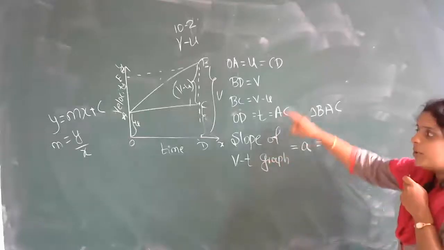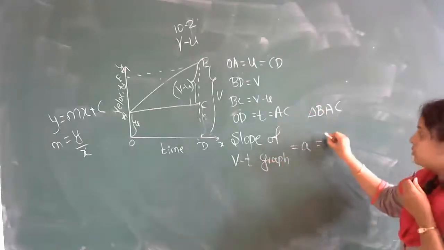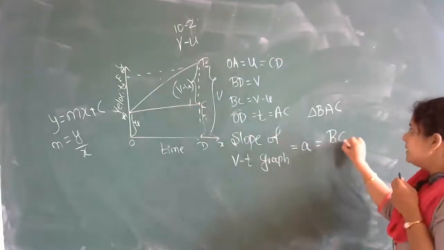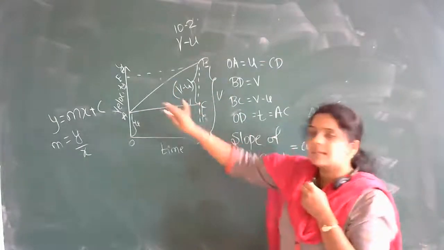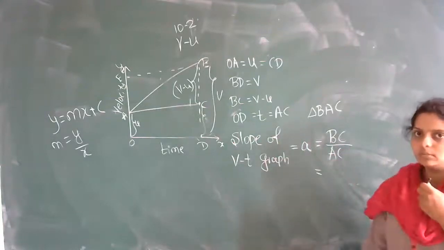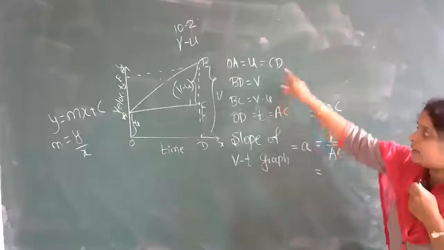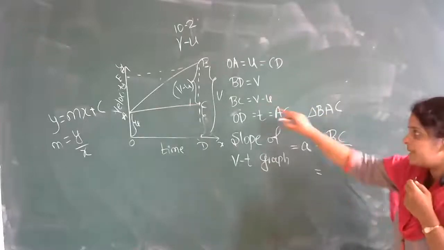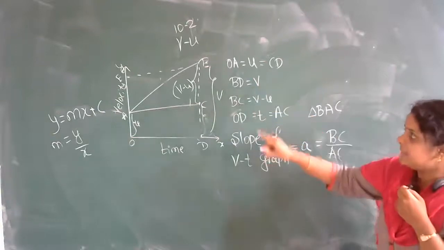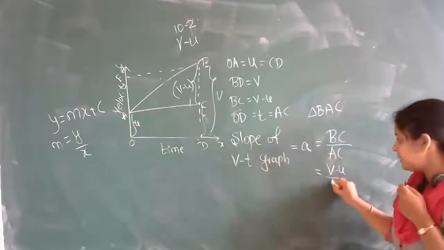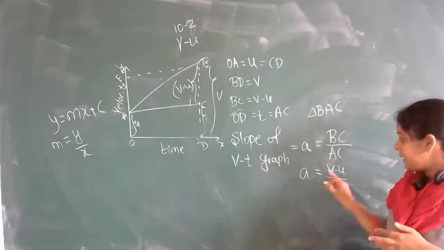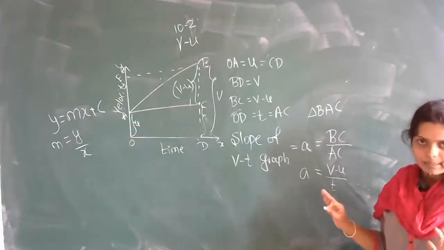Acceleration, or slope of the velocity-time graph, is equal to y-axis, which here is BC, divided by the x-axis in the triangle, which is AC. What is the BC value from your labeling? BC is V minus U divided by AC. What is AC? AC is nothing but T. So acceleration is equal to V minus U divided by T.